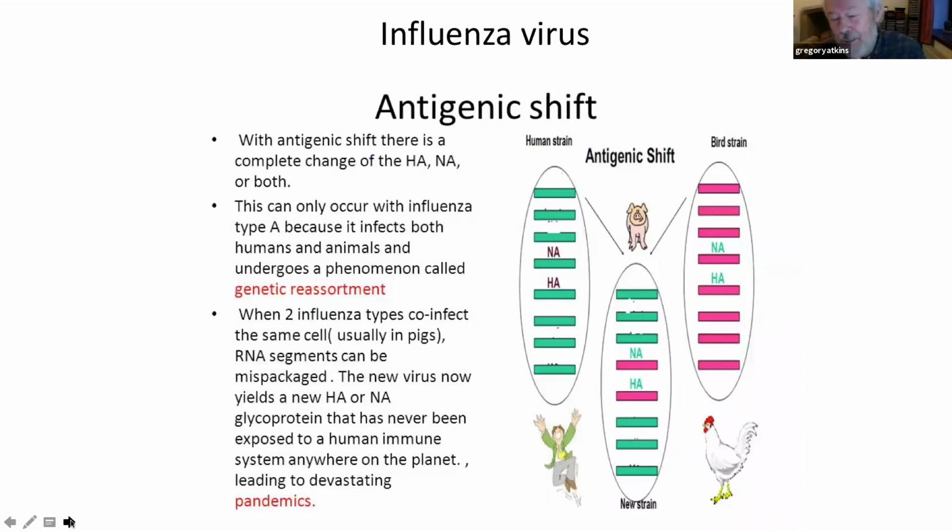So what happens when you get a new flu virus strain appearing? Because what happens with flu is that you get pandemics in exactly the same way as you get for other viruses, particularly coronavirus, but these occur at regular intervals. A new kind of influenza virus arises.